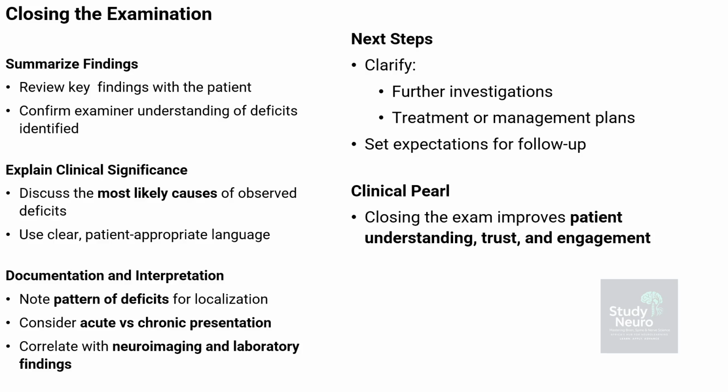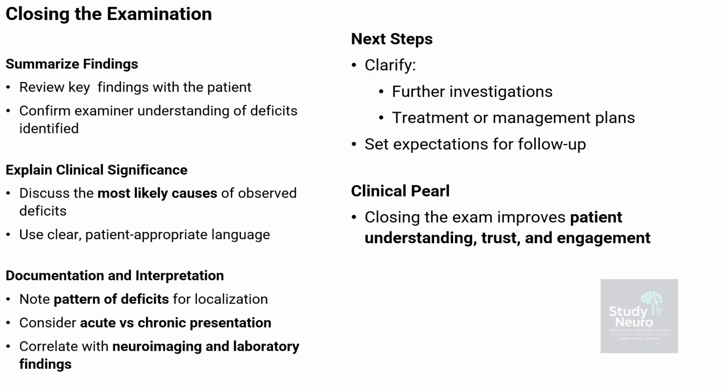Accurate documentation is essential at this stage. Record the pattern of deficits carefully, as this can help with anatomical localization. Consider whether the presentation suggests an acute or chronic process, and relate your findings to available neuroimaging and laboratory results. Finally, outline the next steps clearly.